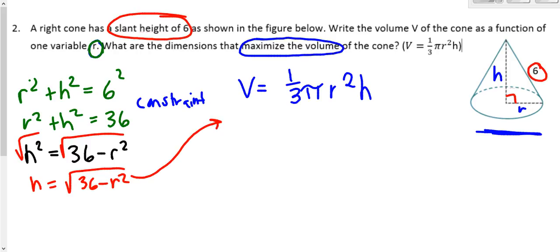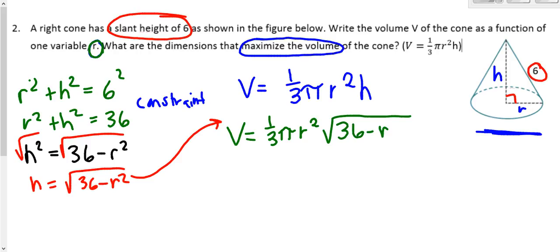So our volume, all in terms of r, will be 1/3 pi r squared, and h will now be the square root of 36 minus r squared. So we have answered the first part of this problem, right? The volume of the cone is a function of one variable r. Check.